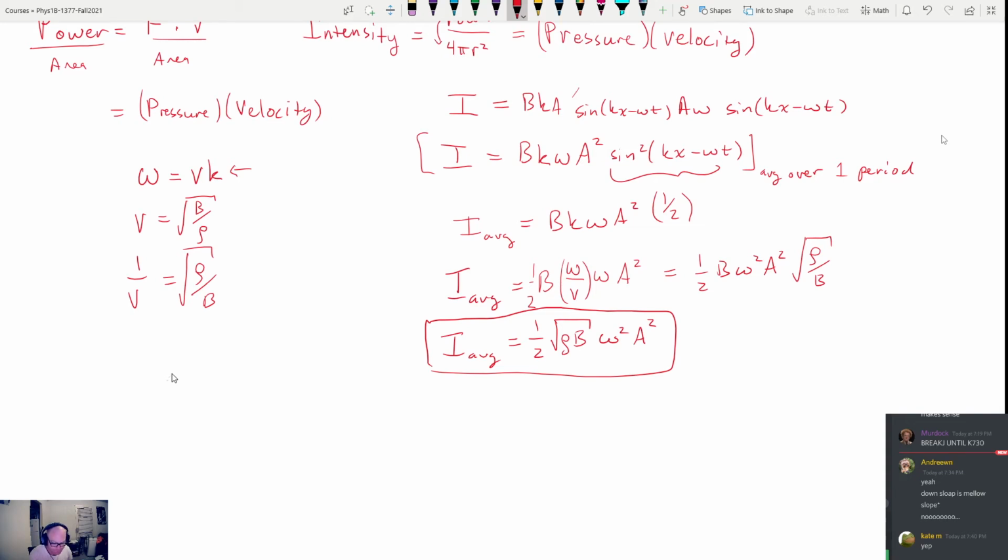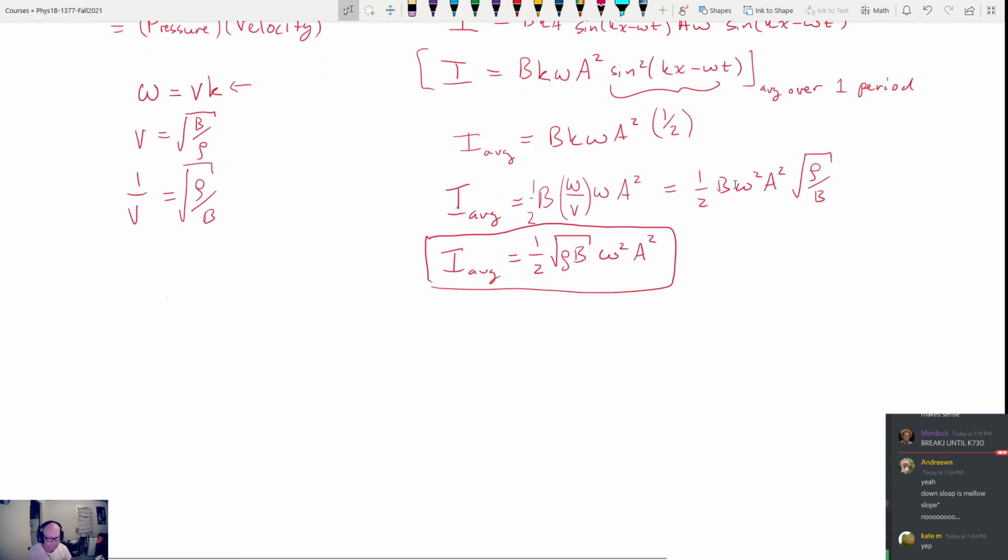They also give this other relationship, which is the intensity is equal to P max squared divided by 2 square root of rho times b.